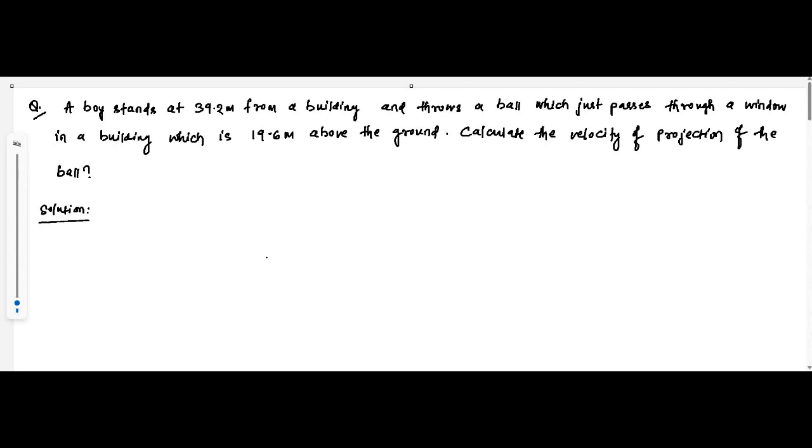So let us try to understand this whole situation. Here we have a building. That building has a window. That window is 19.6 meters above the ground level.